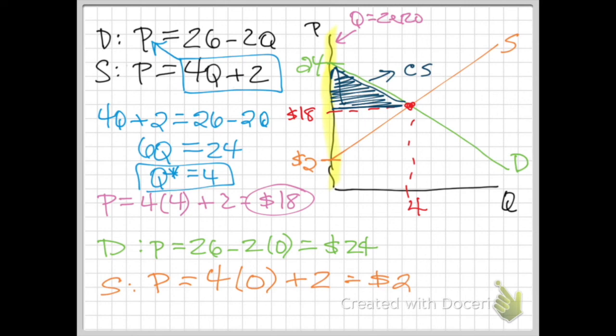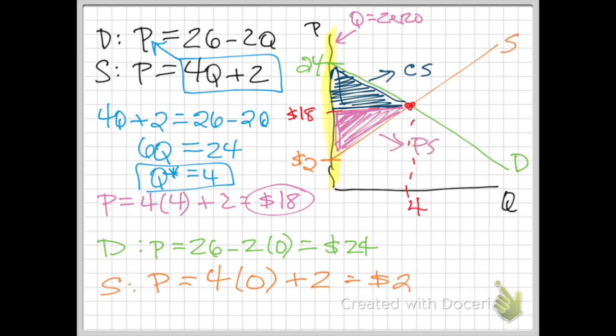So again, you just do your 1/2 base times height, okay? And then this, I'll do, I don't know, pink. So we'll, again, start at equilibrium price, go down to the supply curve. So this pink triangle represents our producer surplus.